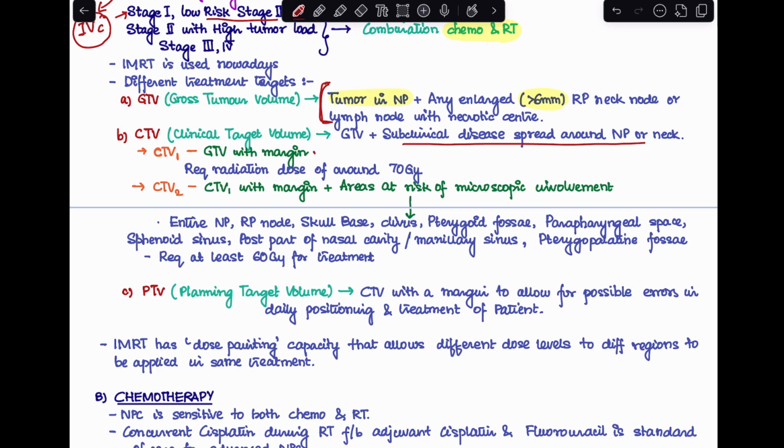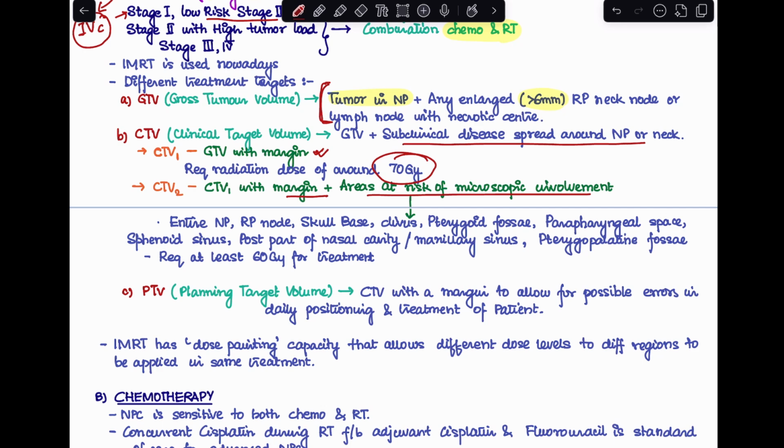CTV1 is gross tumor volume along with the margin. The required radiation dose over here is 70 gray. Whereas CTV2 involves CTV1 along with the margin and areas which are at risk of microscopic involvement. What are these areas?